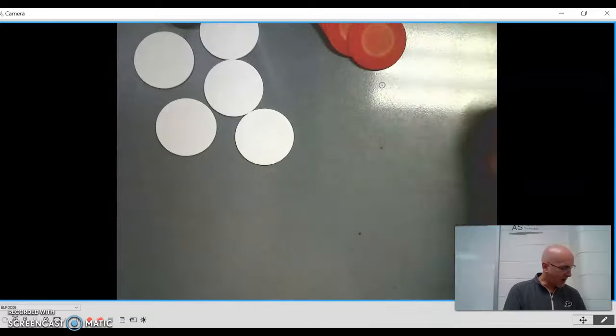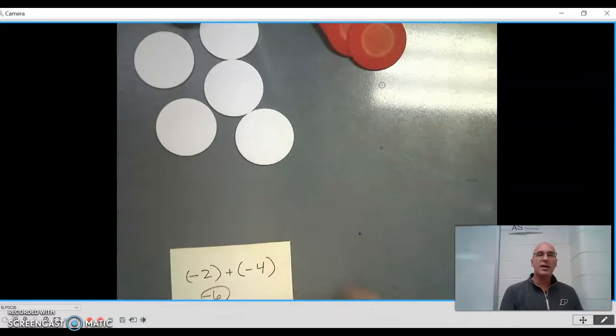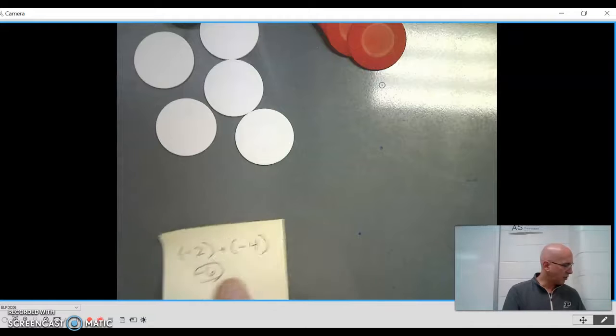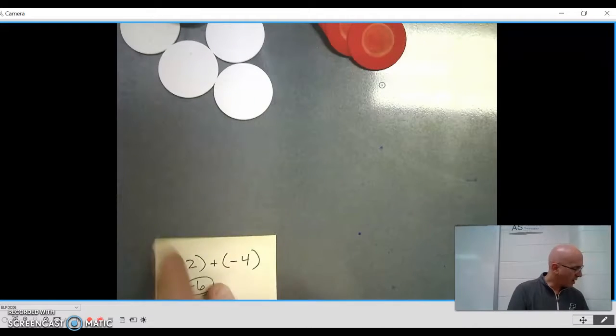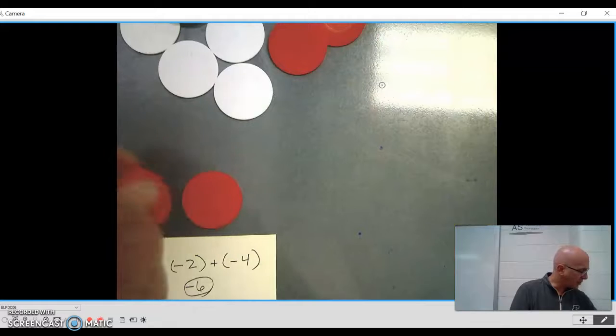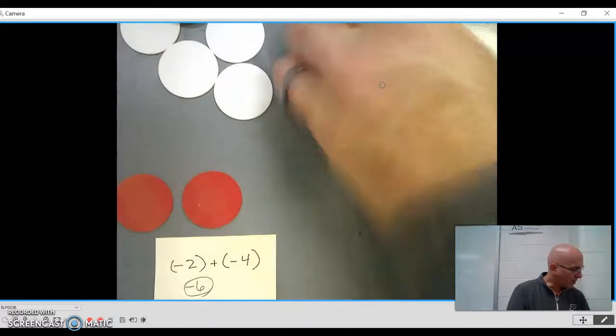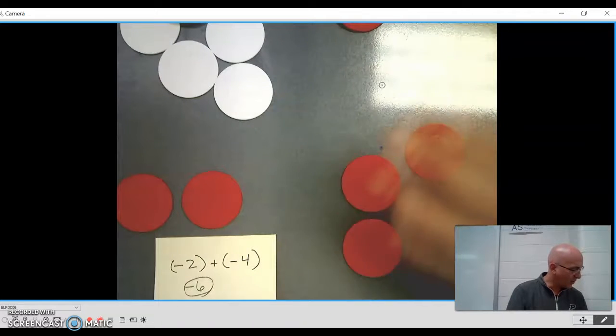Let's try one of our other problems here. Let me move our chips back. I had the problem negative 2 plus a negative 4. I am going to take a negative 2, and then I'm going to take a negative 4.